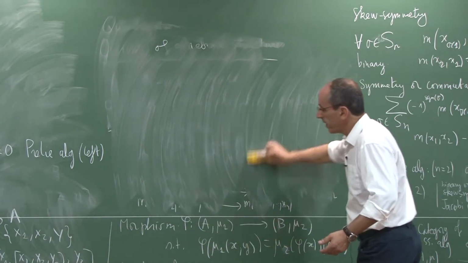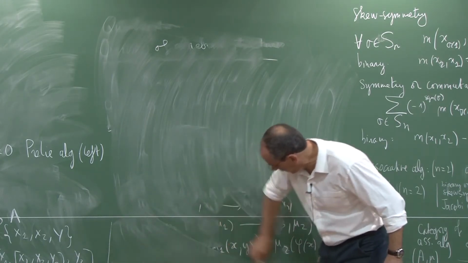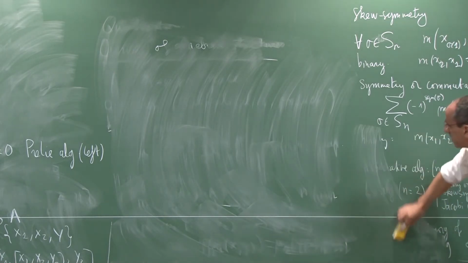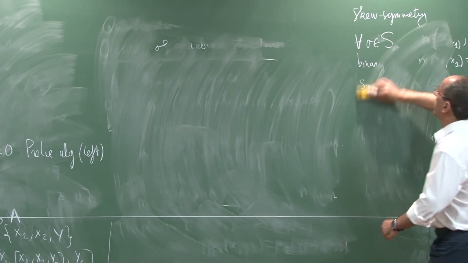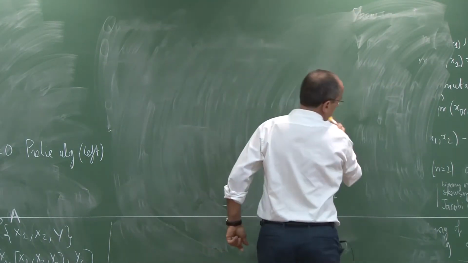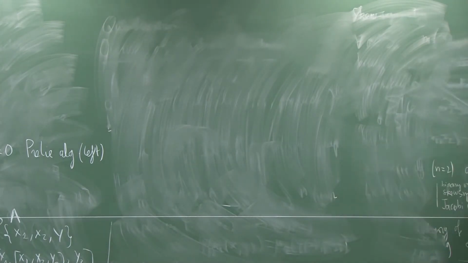Quantum groups are sort of deformations of usual groups, but they use so-called Hopf algebra, which can be obtained by dualizing these operations.